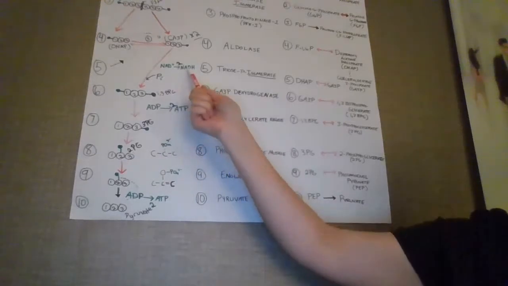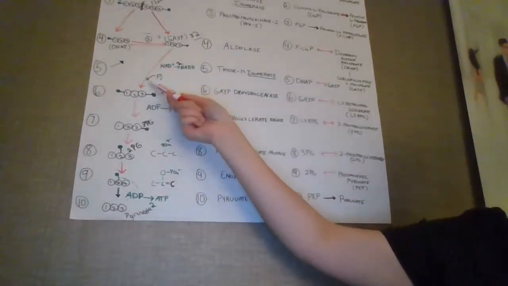Now this is important because NADH are molecules that assist with the process of the Krebs cycle and the electron transport chain. Okay, so we're actually going to create not 1, but 2 of these, because remember, every step from here on out is not going to only happen once, but it's going to happen twice. We're going to cycle through twice because we have 2 of these. Okay, so that's one important step.